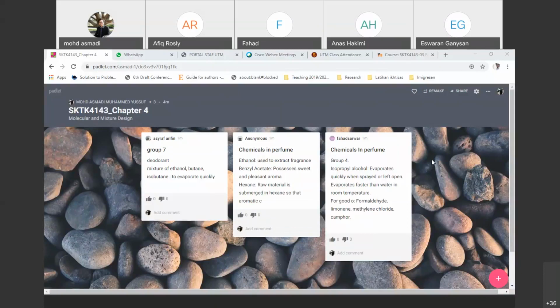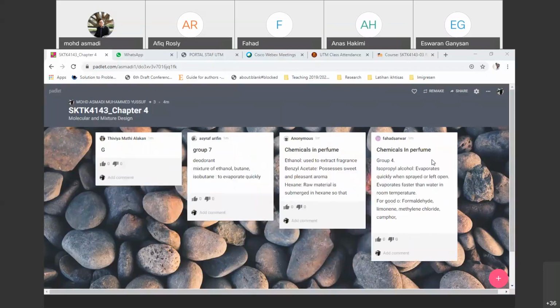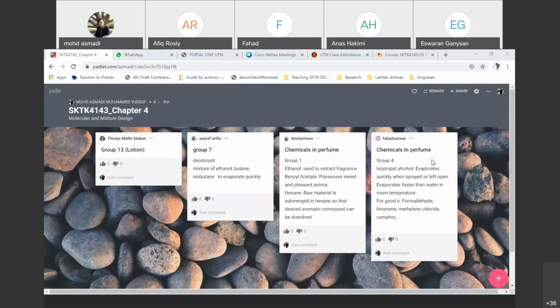Later we will. They have a case study: how can we replace the toxic chemicals with non-toxic chemicals, such as dichloroethane, dichloromethane, benzene. We will design that one. But I think the percentage is very low.